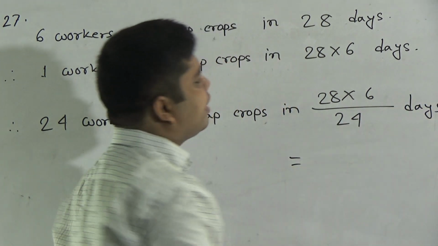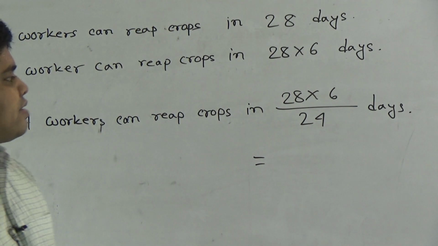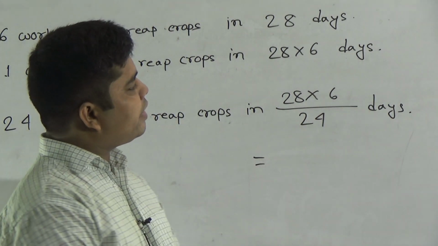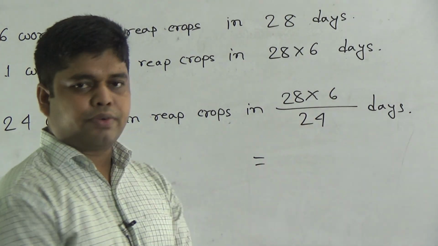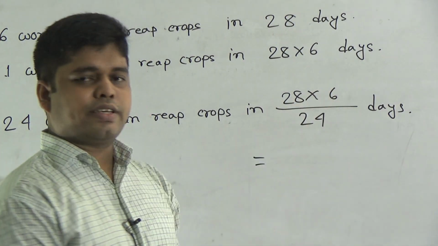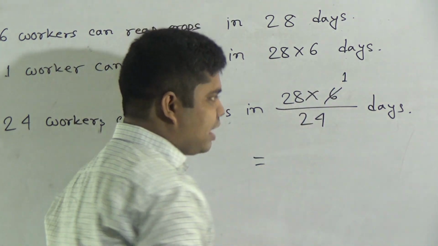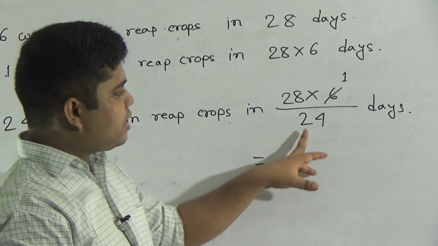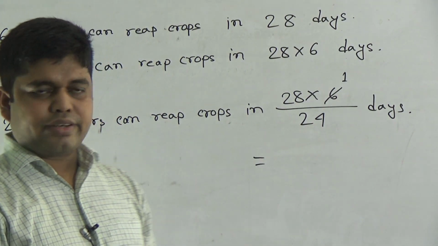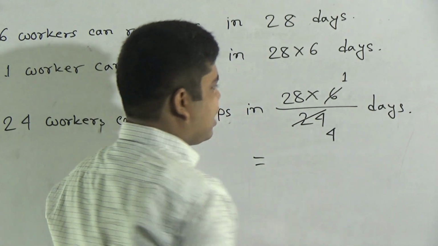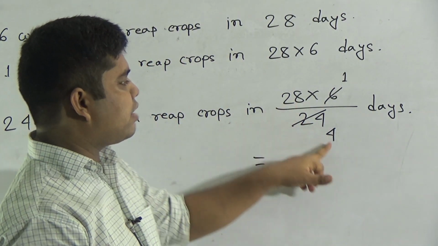Okay, now we cut. My dear students, notice here 6, here 24. So first of all we cut 6 and 24. If we cut 6 by 6, then we get 1. If we cut 24 by 6, then we get 4, since 6 fours are 24. Now we cut this 28 and 4.